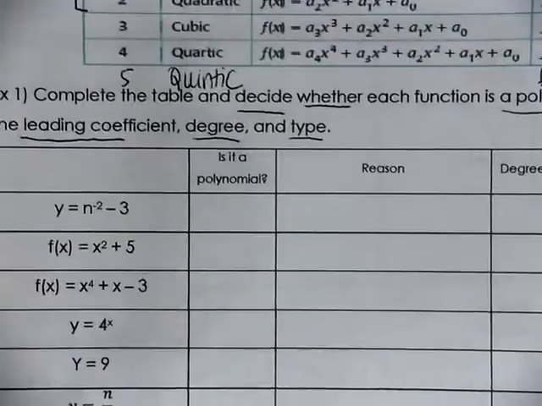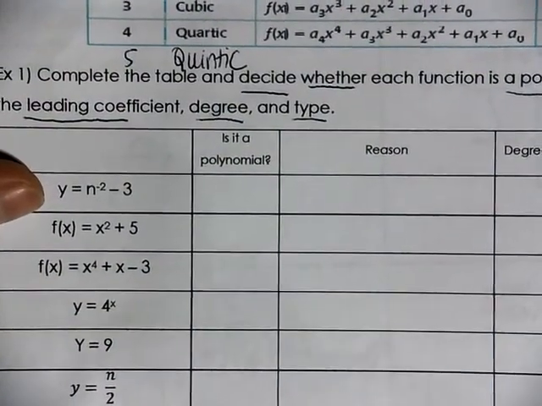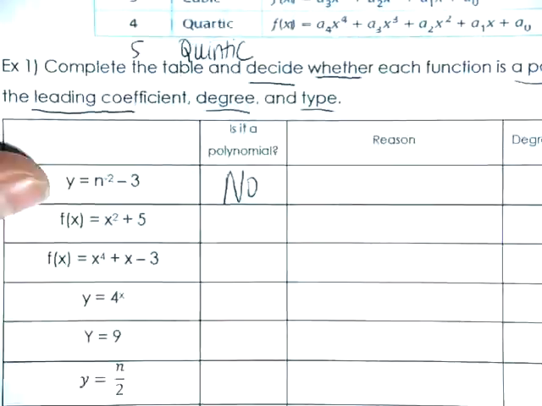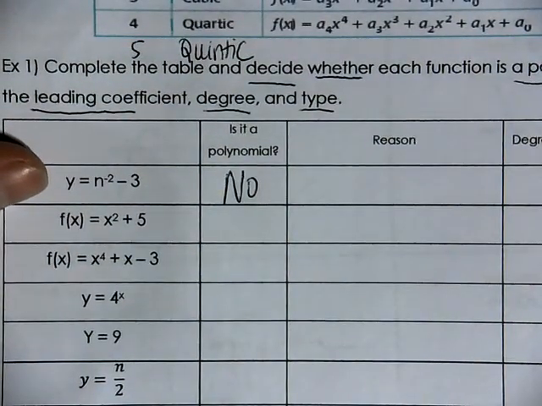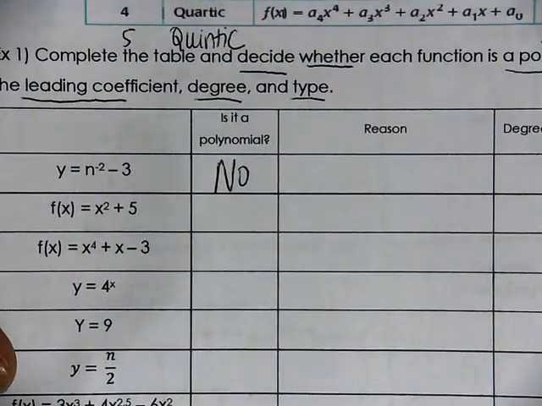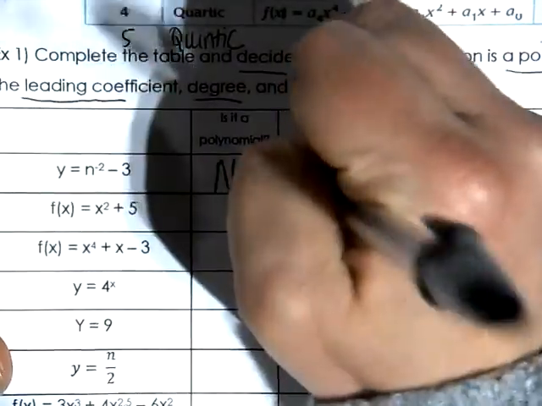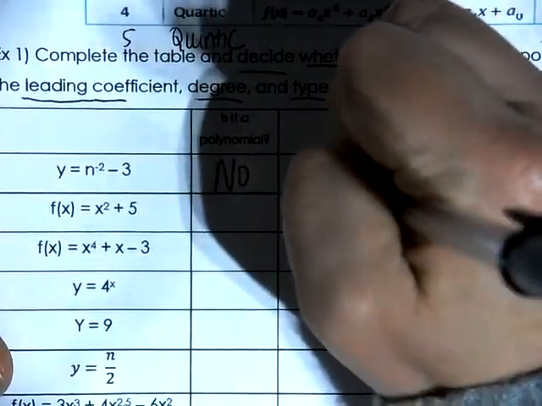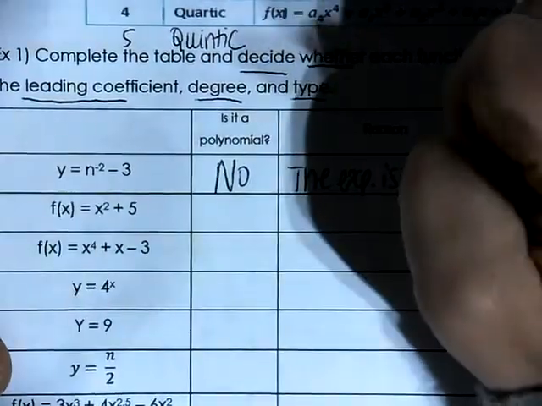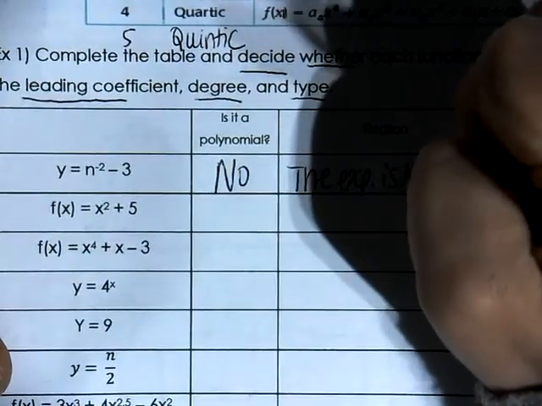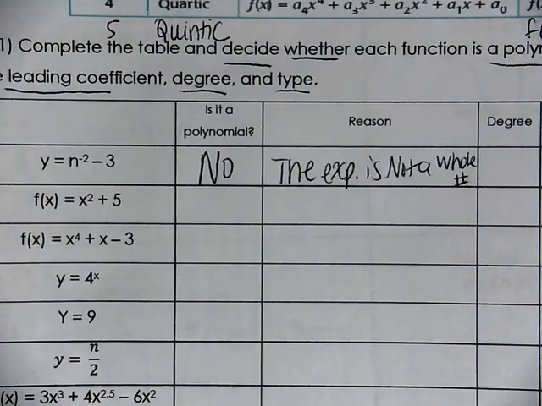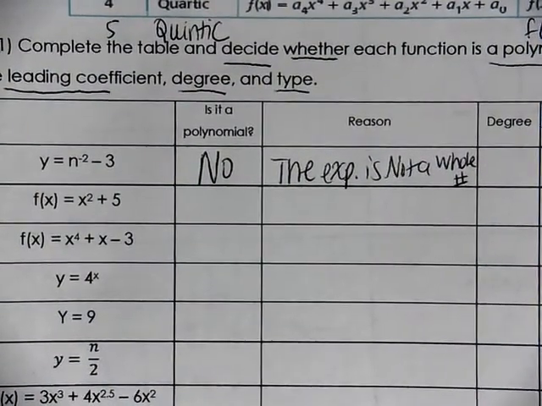So in this problem, the answer is no, this is not a polynomial function, because the exponent is negative, or the exponent is not a whole number.